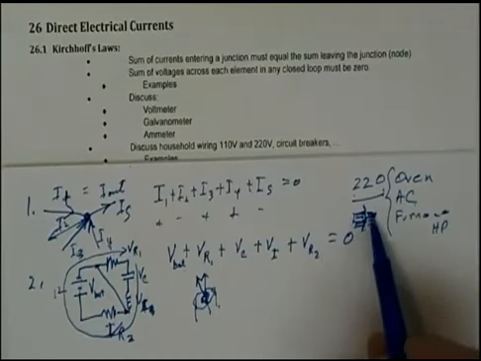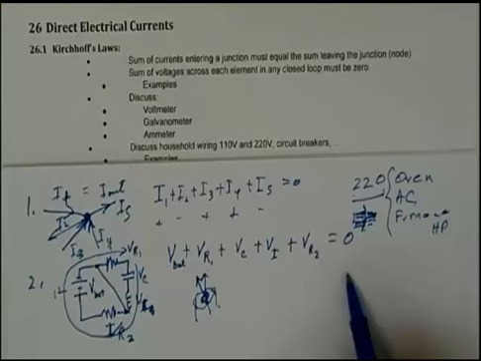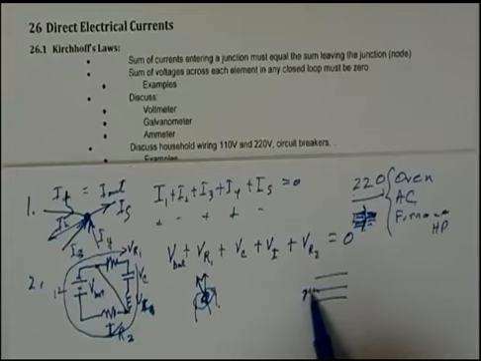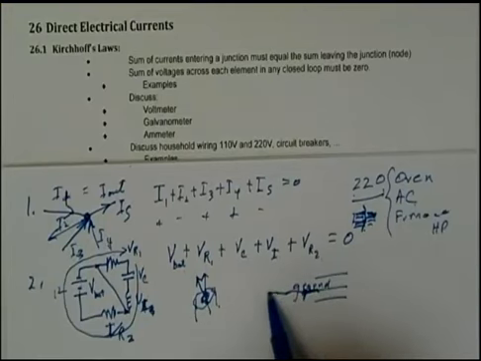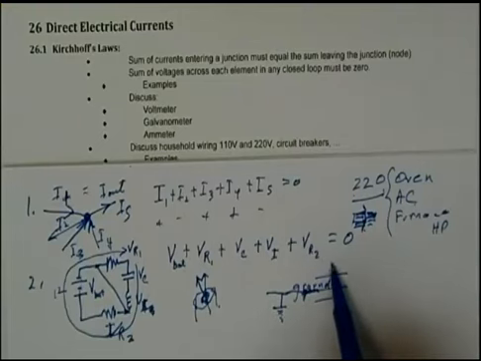But what you have in practice is three wires coming into your house. This is a ground wire, G-R-O-U-N-D. The ground wire is connected to the earth. And this is a plus 110 volts, and this is a minus 110 volts.